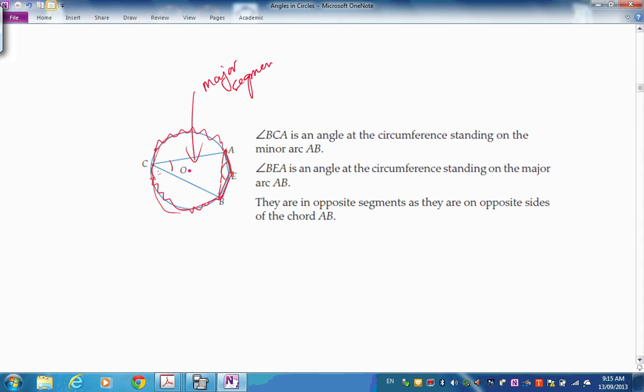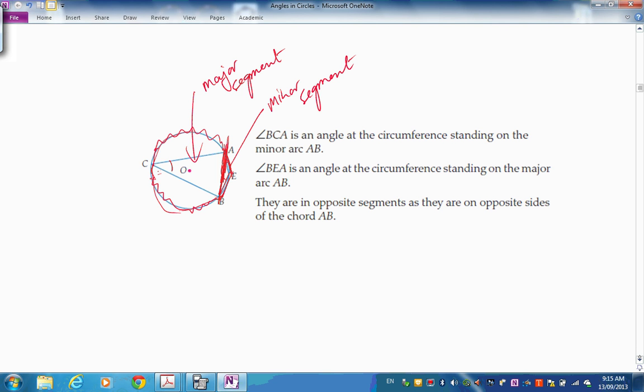Remember, a segment comes from the segmentation or cutting up of the circle by a chord. As soon as you join 2 points here, you create two segments, a minor one on the inside there and a major one. Are you getting the hang of this language?